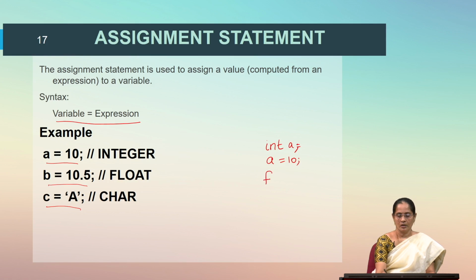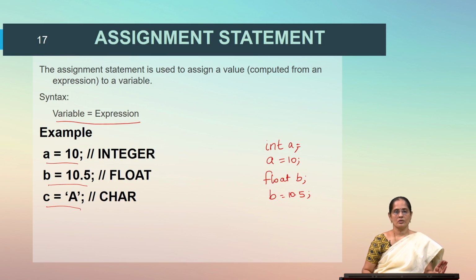Similarly, I should have defined B as a float type variable, and then gone for the assignment of its value to it. The same way for the character, I should declare the variable, and then assign the value to the variable. This is the prerequisite of an assignment statement: the variable should have been declared already before assigning a value to it.